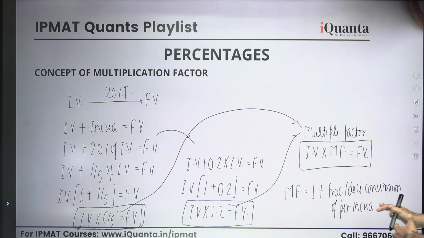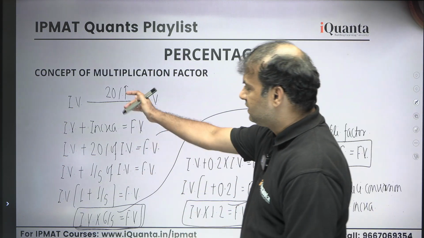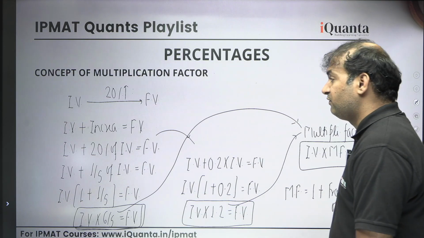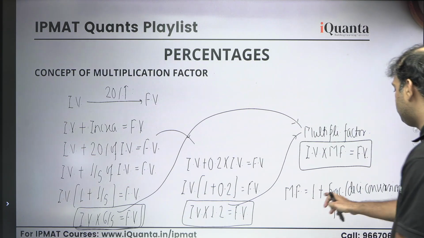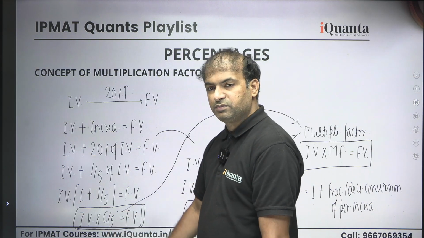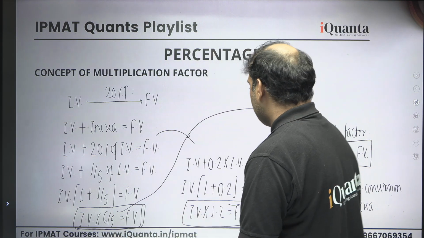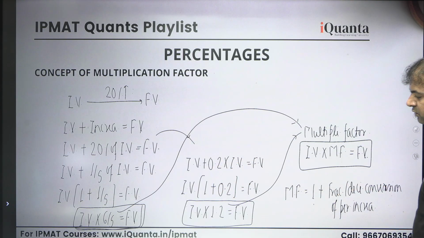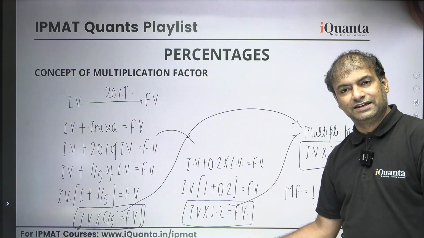For example, in this case the percentage increase is 20%, and we all know 20% in fraction is 1 upon 5. So 1 plus 1 upon 5 is 6 by 5, and that is why it's written 6 by 5 over here, right? If you write it in decimal, the decimal of 20% is 0.2, and 1 plus 0.2 is 1.2. So this is how we are writing it, simple.